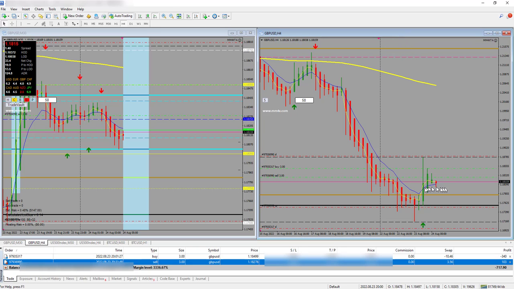And it made a low right down here where this other solid golden horizontal line is. And right beneath that is the super low of the month. And right down here where you see this dotted horizontal line is the super low of the day.